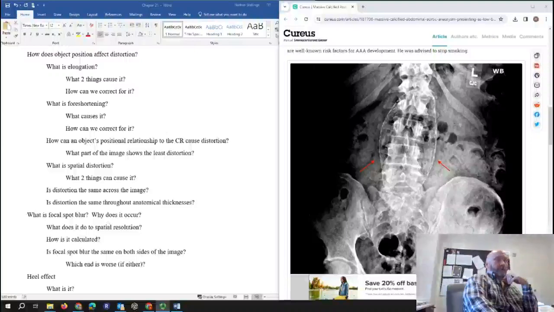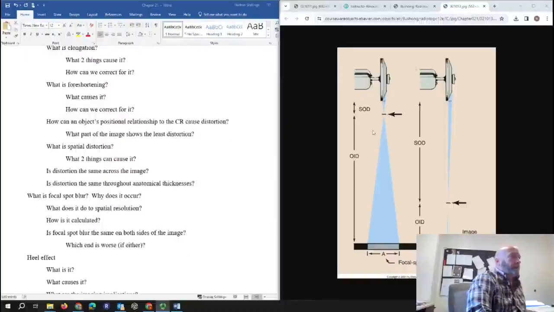So focal spot blur occurs because we create X-rays on an area on the anode, not a pinpoint source. So remember your line focus principle. We've got an actual focal spot, and that's the actual area of bombardment on the anode where the electrons traveling from the cathode impact.